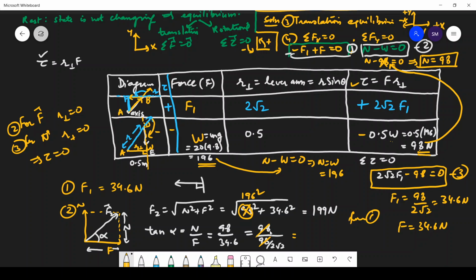And here also this N is 196, not 98. 196 upon 98 into 2 root 2, and this comes out to be 4 root 2. So tan alpha is equal to 4 root 2, so alpha is equal to tan inverse 4 root 2. That's the value of alpha, and you can leave it over here. So I hope that you have understood this question.